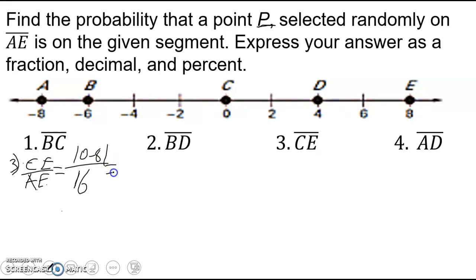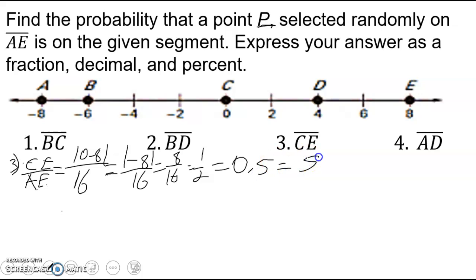Again, I want you to keep applying the distance formula so you get more used to it. So this is the absolute value of -8 over 16, which is 8 over 16, which is 1/2, which is 0.5, multiplied by 100, you get 50%.